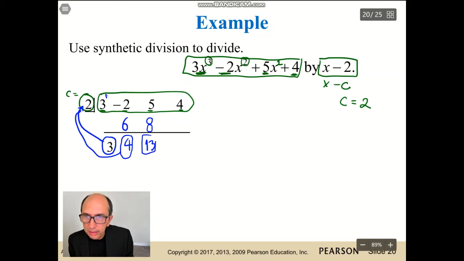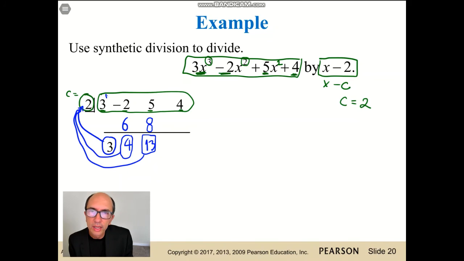Again, 13 times 2, 26. And you write it down under the last coefficient, 4. And you perform 4 plus 26, 30. This last one here is going to be the remainder.